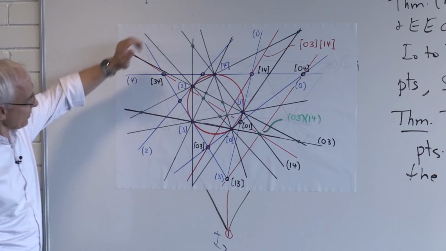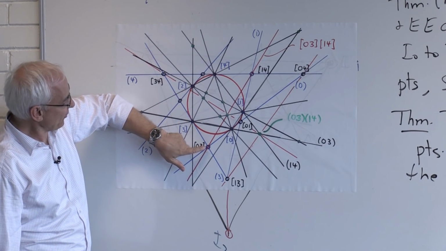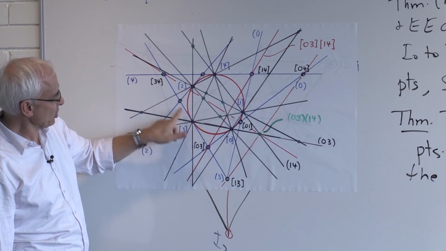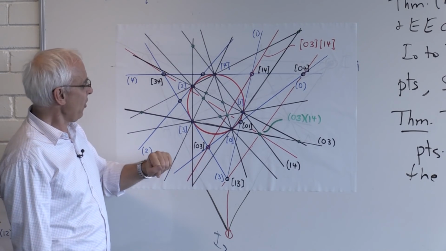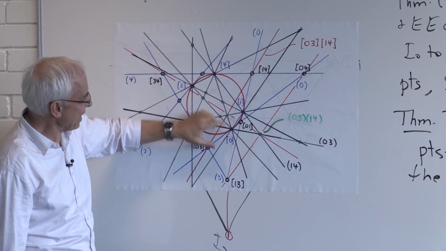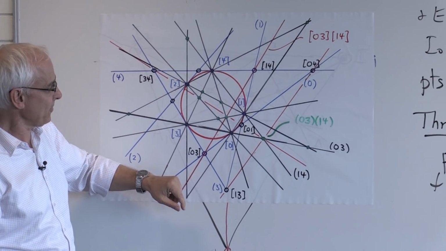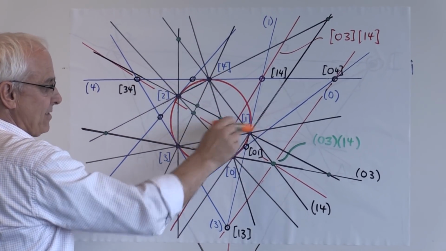And now this gives us a bunch of secondary points. It gives us meets of tangent lines. So this is like the meet of the tangent line at 3 and at 0. And also we have the joins of the points themselves, which give you diagonal lines.